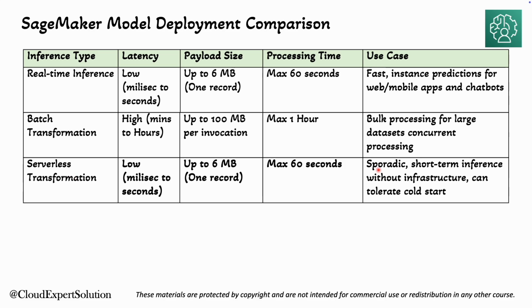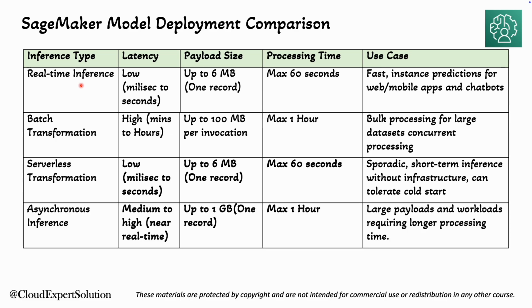Serverless is optimal for sporadic requests when you do not know the pattern, or even for short-term inferences, and you don't want to manage and maintain infrastructure, and your application can tolerate cold start or high latency. In that case, you should go for serverless. But if your application cannot tolerate cold start, then you should go for real-time inference.